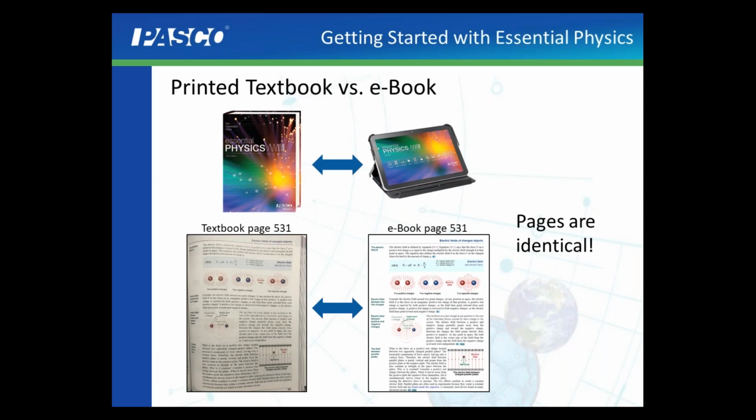There may be some small differences in the ebook version because there are some electronic tools that aren't available in the printed book. But for the most part, the pages are identical. So if you have students using a blend of both the electronic textbook and the printed textbook, they'll find seamlessly that they can switch between the 2. Again, there are some small nuances, but I'll go over those as we go through the pages of the ebook in just a second.